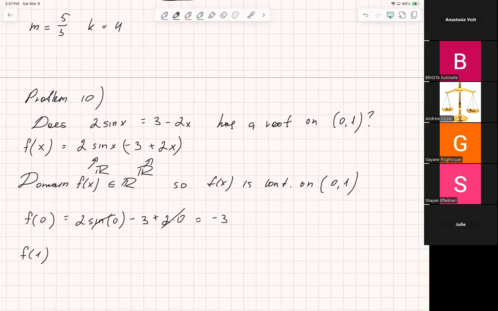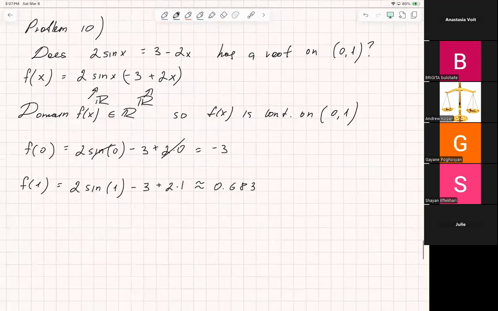So this is gone, we have negative 3. Now at f of 1, 2 times sine of 1 minus 3 plus 2 times 1, again, use the radian mode for the sine, and you should have something close to 0.683.